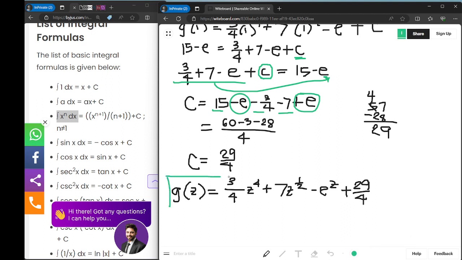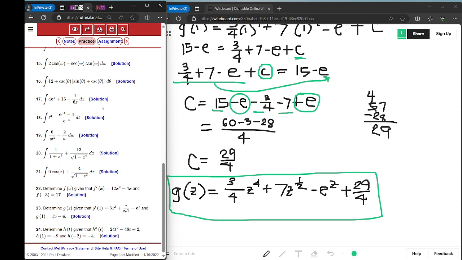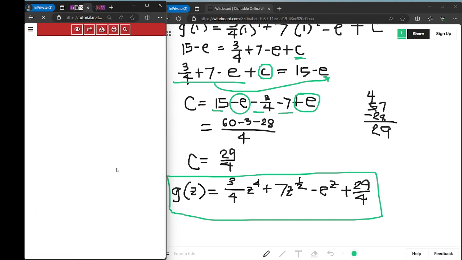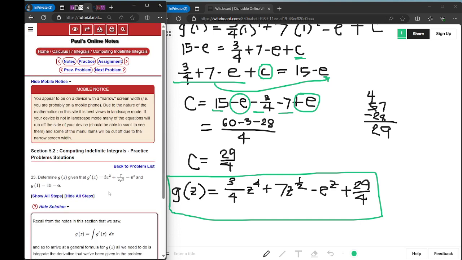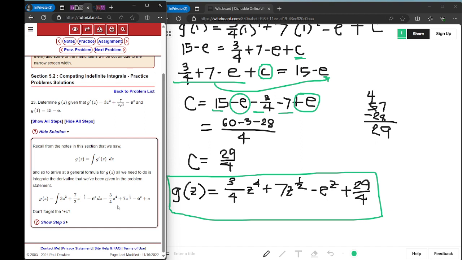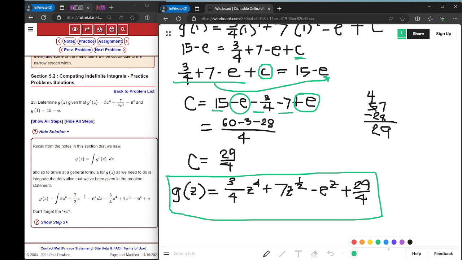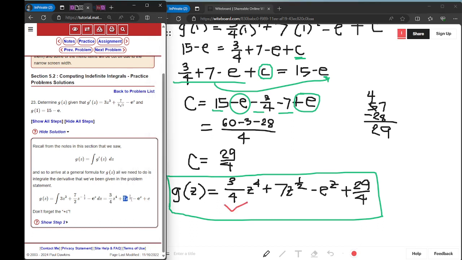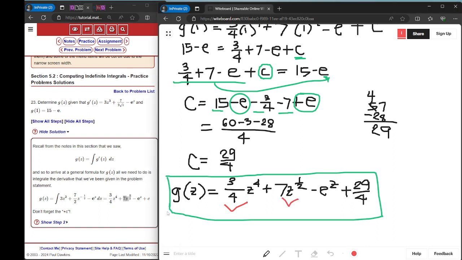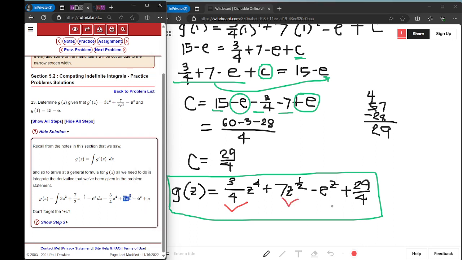Okay, and I'm on my time limit. So let's check the answer to problem 23. We have 3/4 z to the 4th, that's 1, 7 z to the 1/2, and e to the z.